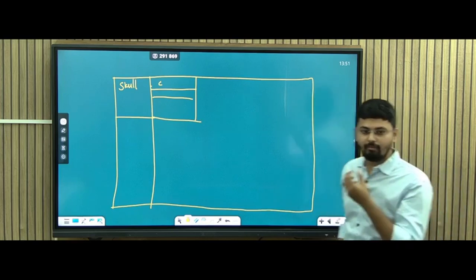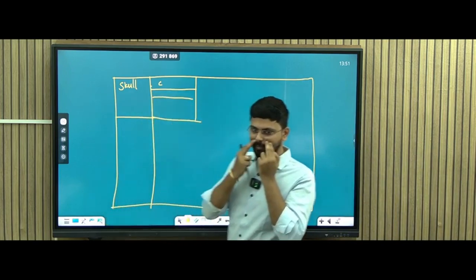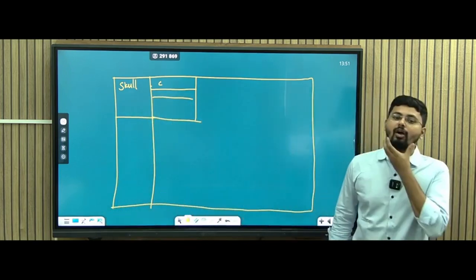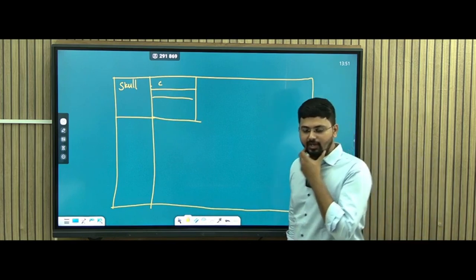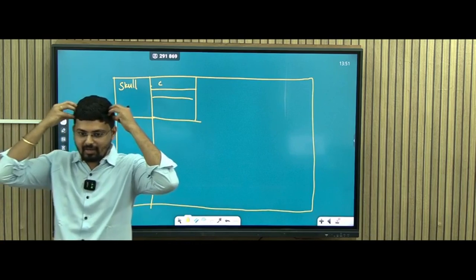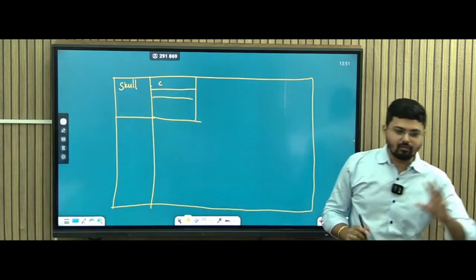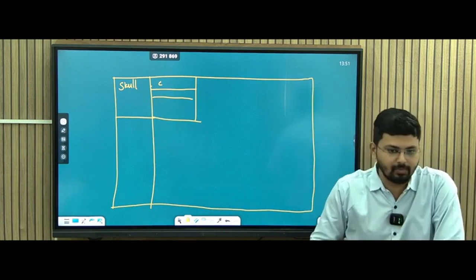I have already taken the class on the parts of the skull. Then you have the maxilla, the hard surface above your teeth. Then you have the mandible, the jaw. You should know all these things. This is the frontal bone, the parietal bone, the occipital bone. If you are aware of what we are talking about, then the rest of the things will be easy.